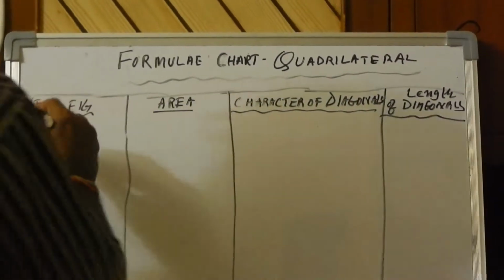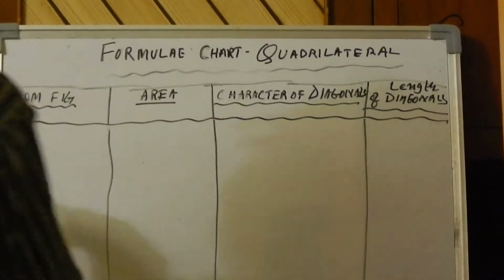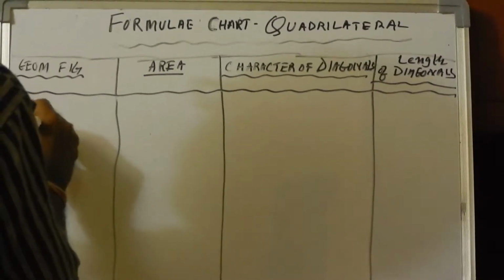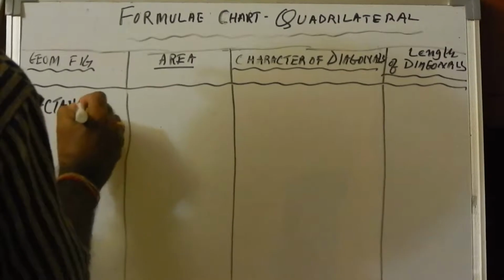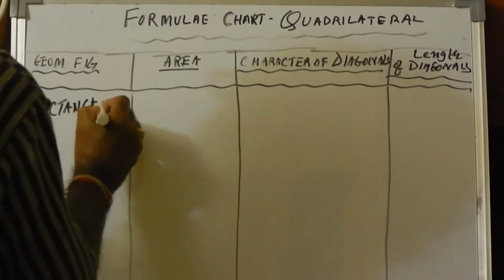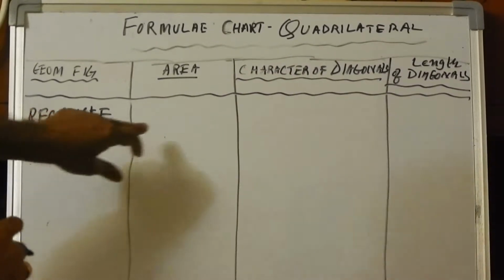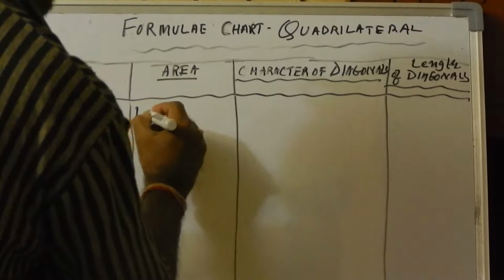So to commence with, we take rectangle. First one, rectangle, and as you know, it is very easy. Area, length into breadth.